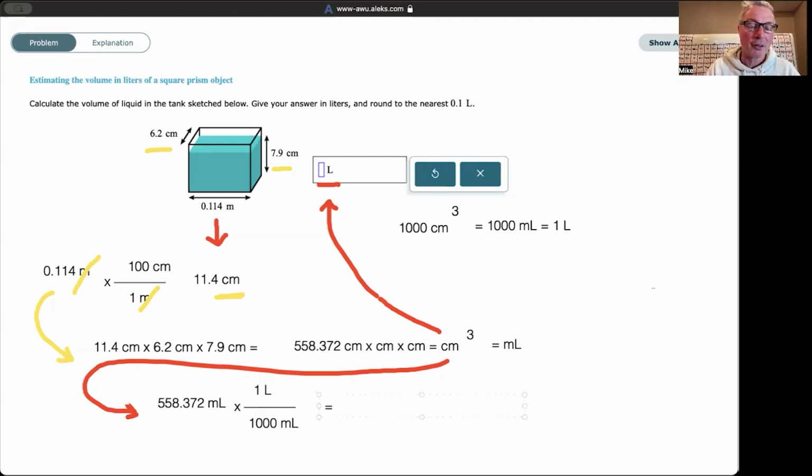I could do it in my head, you could do it in your head: 0.558372 liters. Once again, it's another small container, so less than that. And you know what? There's nothing actually that squirrely here. I said it wrong. They want to go down to 0.1 liters. So if I'm going to round this to the nearest tenth of a liter, 0.558 rounds up to 0.6 liters.